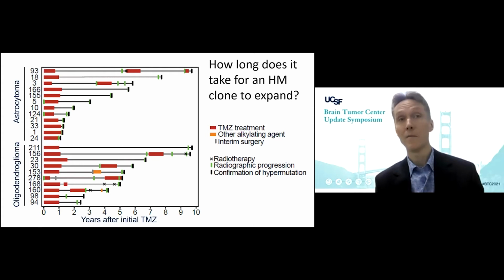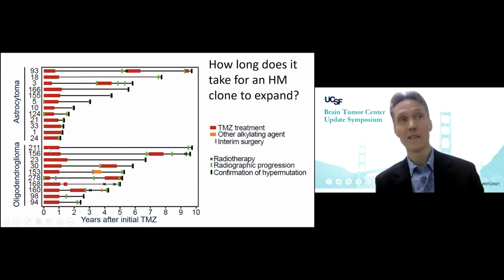And the main point is that it's a wide spectrum across the patients, astrocytoma and oligodendroglioma. In some cases, the hypermutation occurred very quickly, more quickly than would be expected in this patient group. But in other patients, it was almost a decade after.